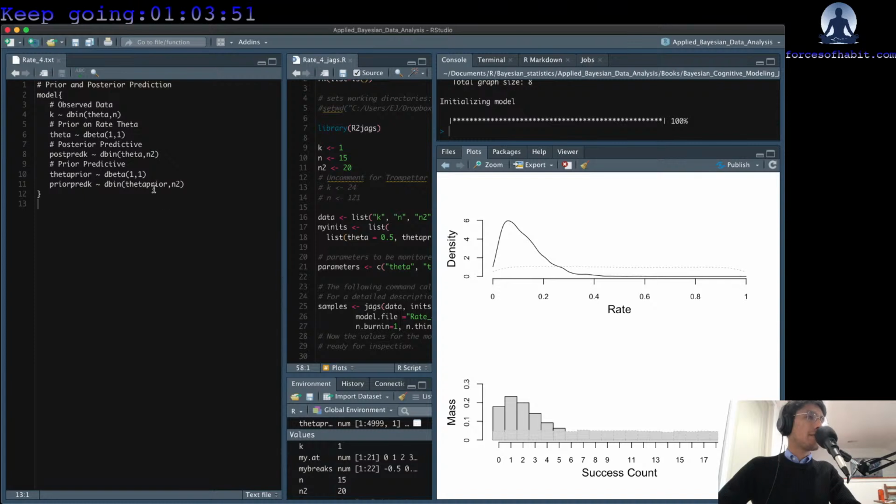Right. Specified here, my prior predictive is based on N2 and the theta prior. Posterior predictive based on theta and the new data.